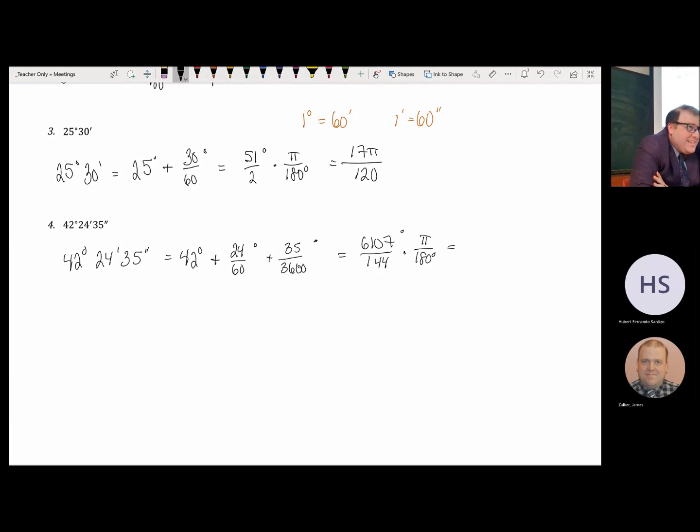I think 6,107 is prime, which means you're not going to be able to simplify anything. So it's 144 times 180. There are people out there that seriously will leave this in fractional form. Well, let's be fair. The people that are using DMS are not going to convert it to radians.